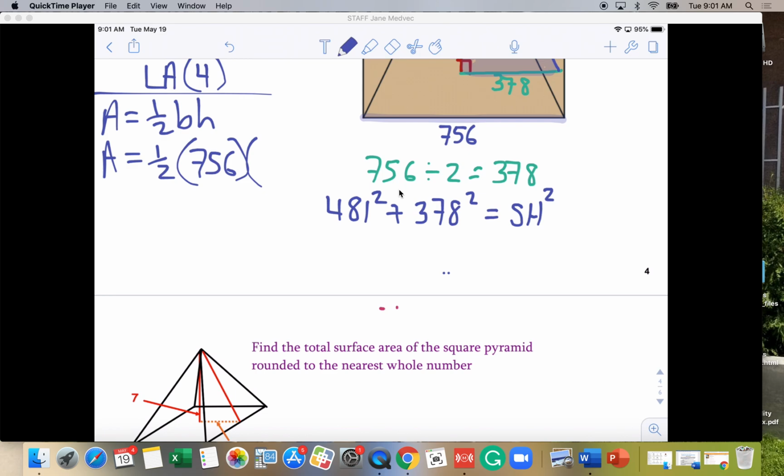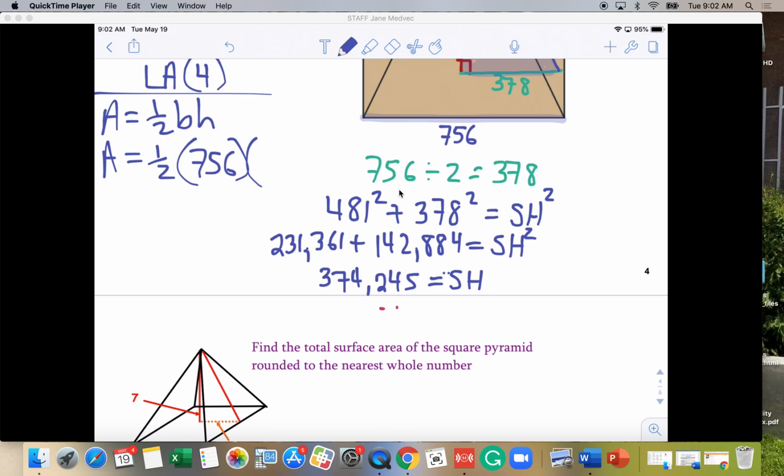I get 231,361 plus 142,884 equals the slant height squared, which is 374,245 equals the slant height squared.